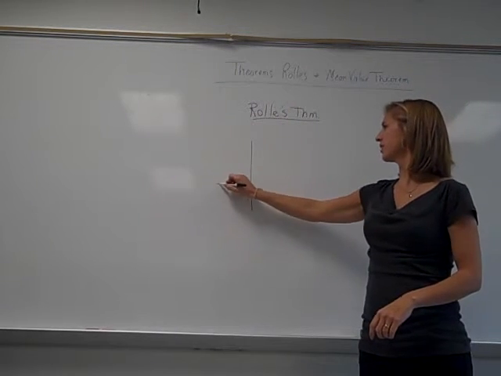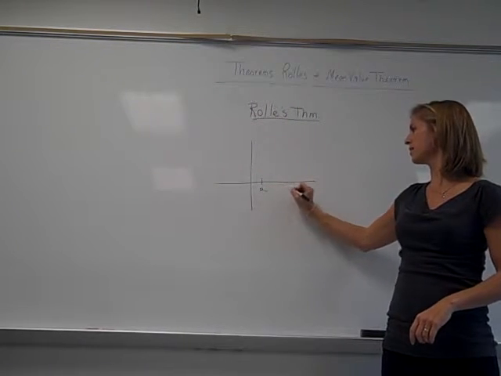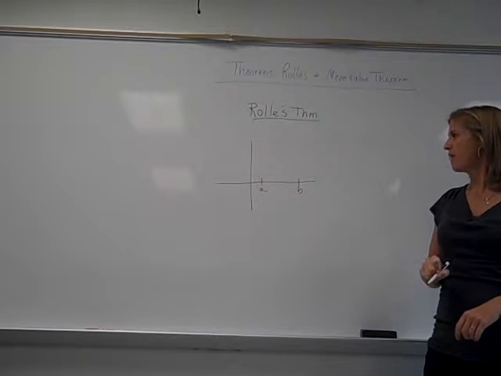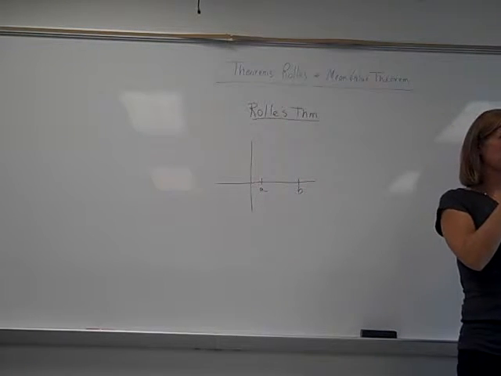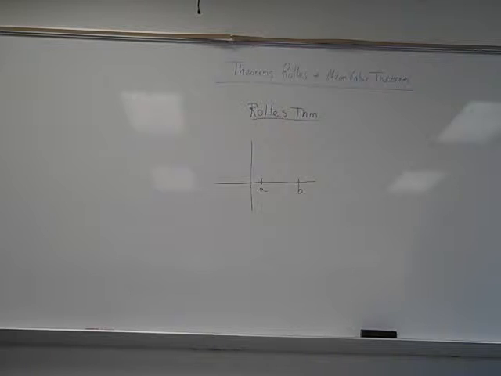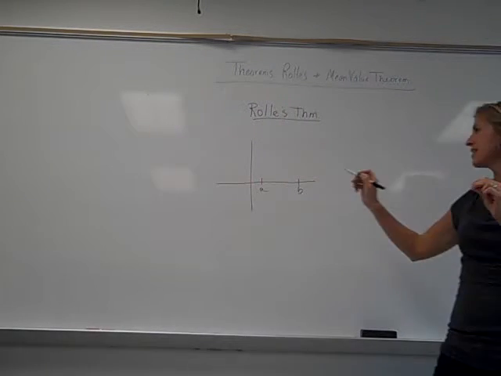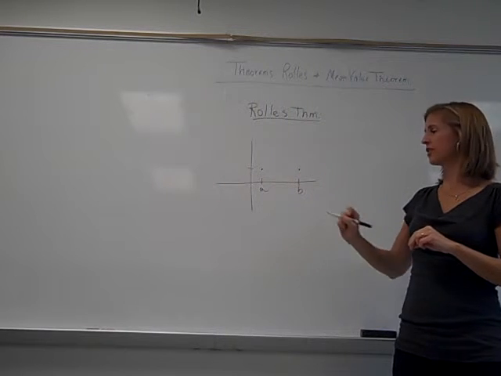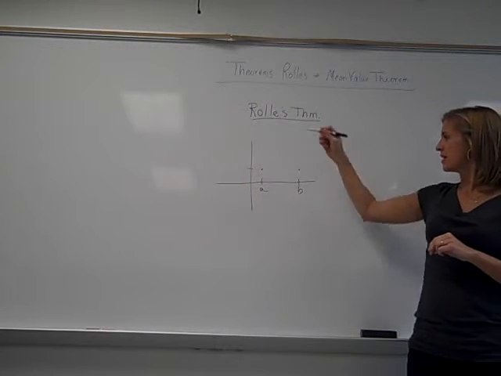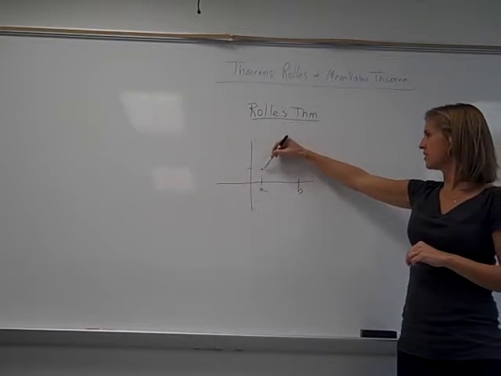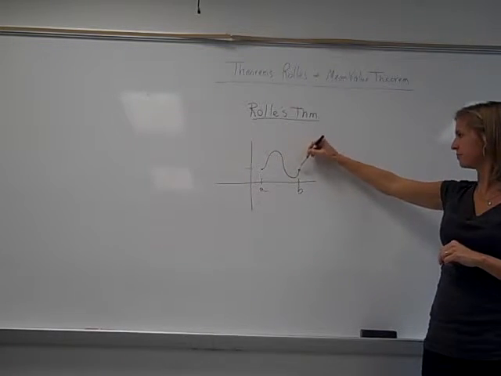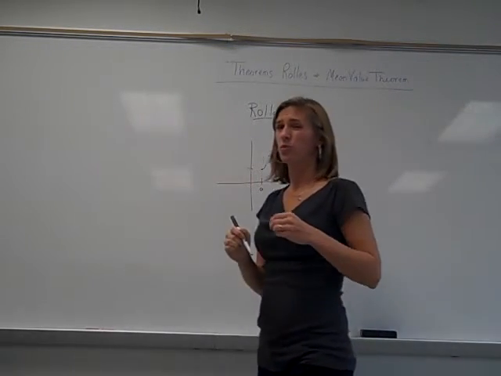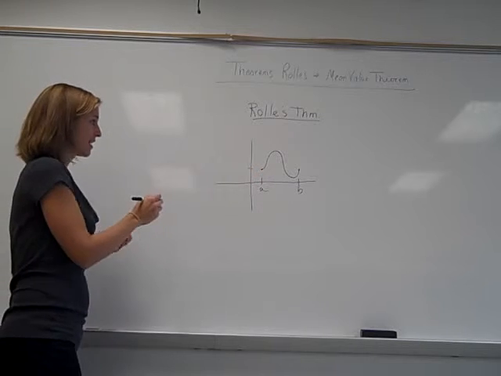I'll write it down officially, but if we have some interval from a to b, and we have a curve that's continuous and differentiable on that interval, and the y value where I start and the y value where I end are equal, then somewhere in between, the derivative has to be 0. Which is kind of obvious, right?